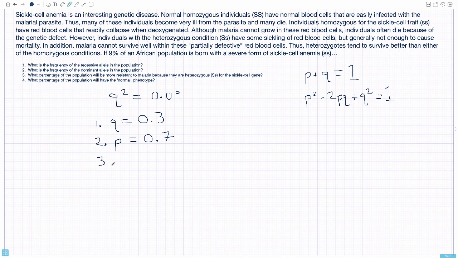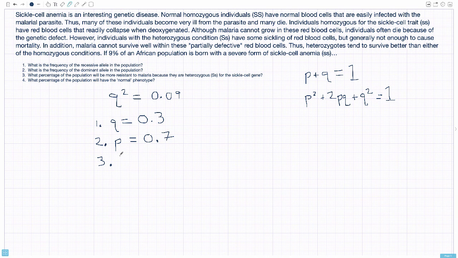The third question: what percentage of the population will be more resistant to malaria because they are heterozygous for the sickle cell gene? They're asking here for what amounts to 2pq.